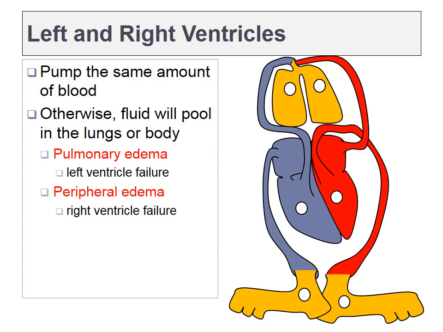If the right and left sides of the heart were not pumping the same amount of blood, then fluid would build up either in the pulmonary circuit or in the systemic circuit. In this cartoon here, let's pretend that the left side of the heart is failing and is not pumping blood to the systemic circuit. We start with 6 blood cells evenly distributed between the heart, the systemic, and the pulmonary circuits.